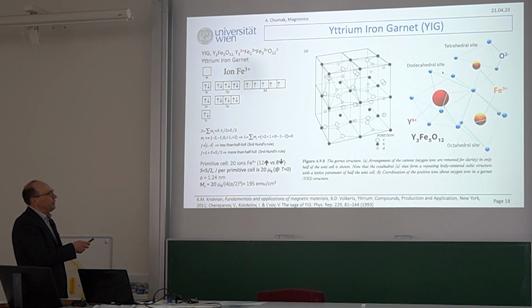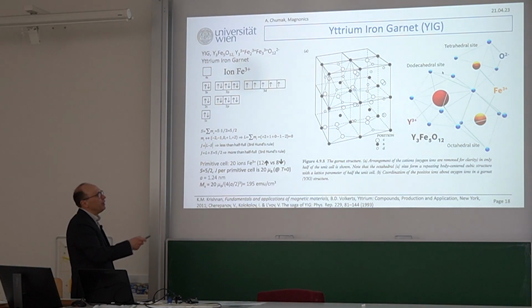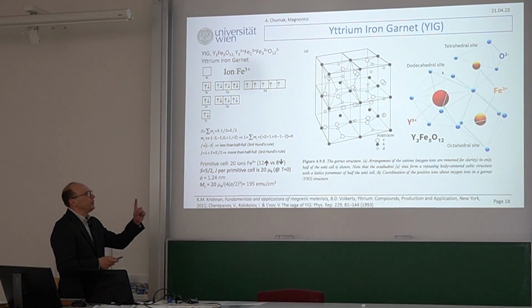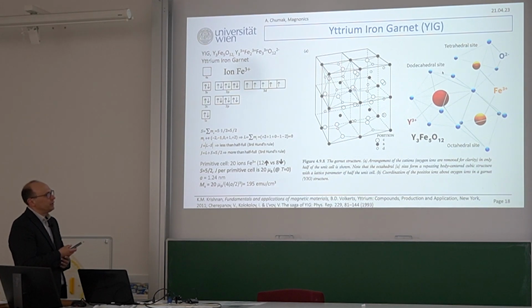So how many magnetic moments do we have in one primitive cell? You remember, in each of them it is 5, but now we take the chemical formula and multiply it by 4. So it means we will have 12 iron 3 plus spins pointing in one direction and 8 in the opposite direction.